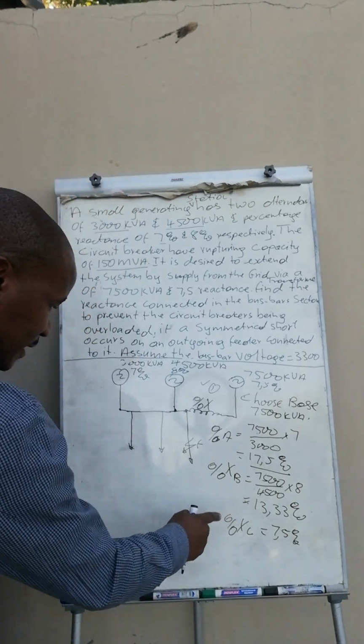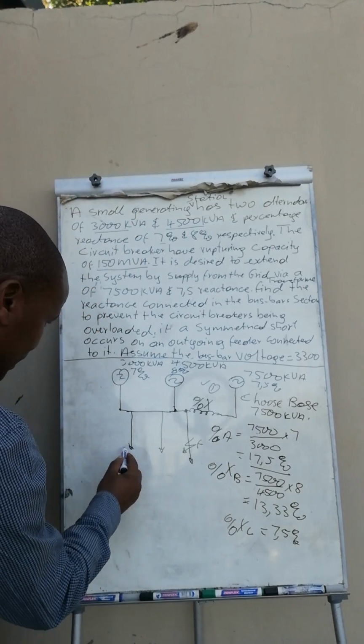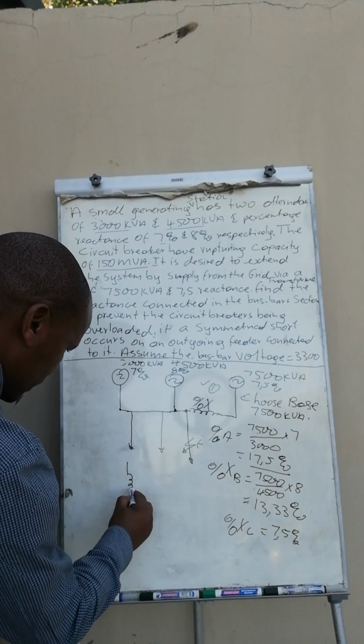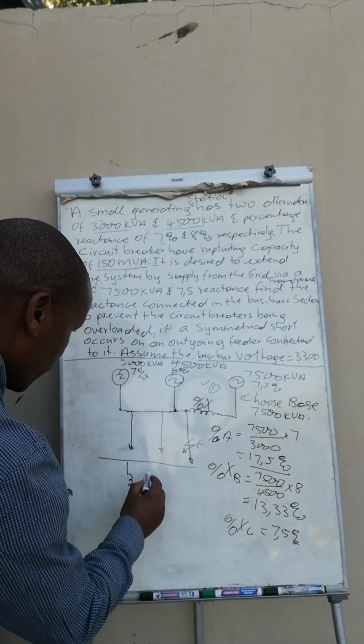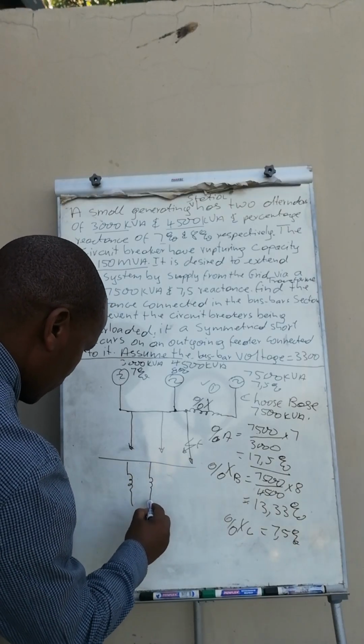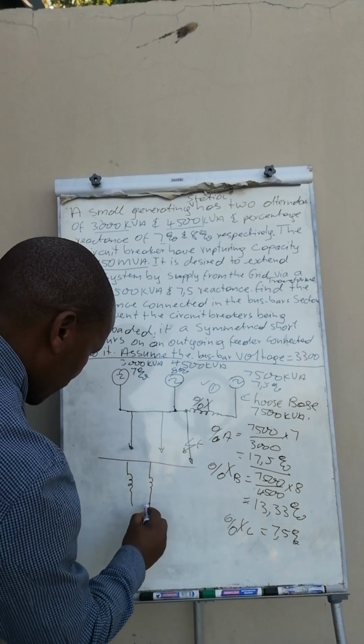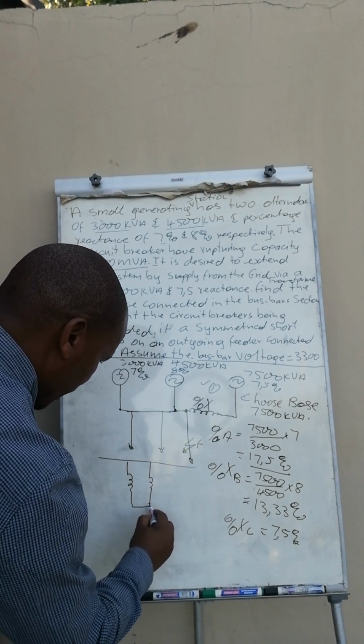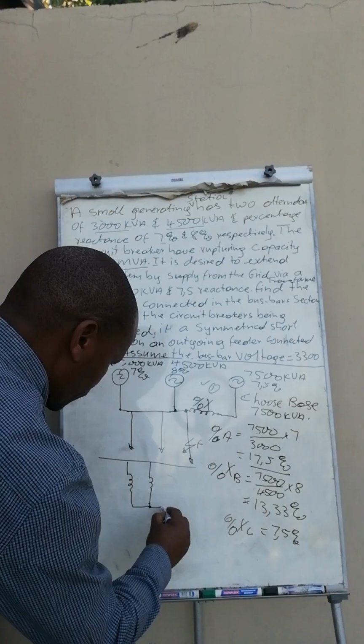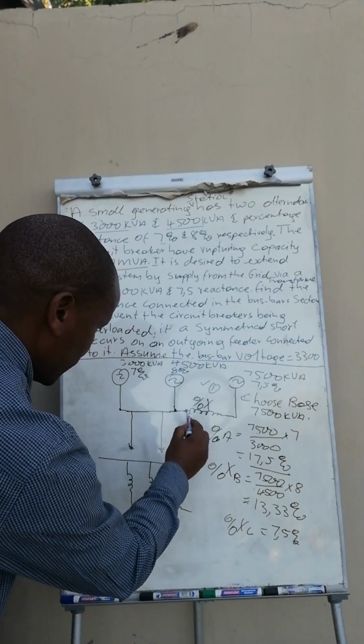Now let's draw the percentages. We've got something like this. This is the neutral, and then it is this one, and then they were together, and then we've got this one. It is that one.